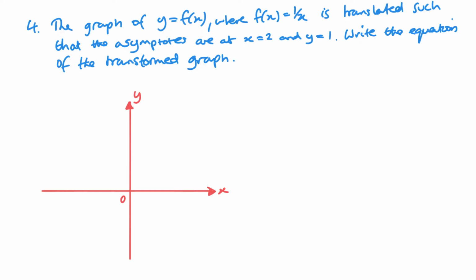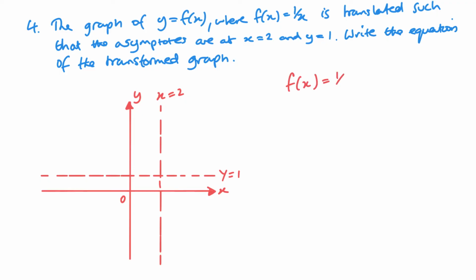So in this one, we know that the asymptotes are at y equals 1, which is across here, and x equals 2, which is something like this. So if I think of my original graph, my f of x, and I think of what's happening to f of x, it's increasing in the vertical direction by 1 unit.